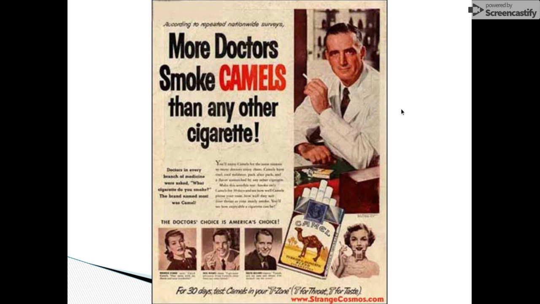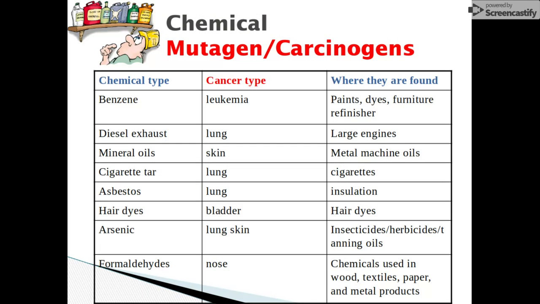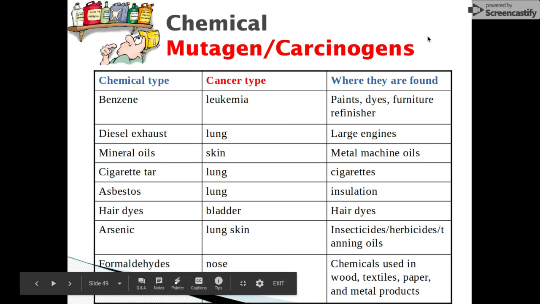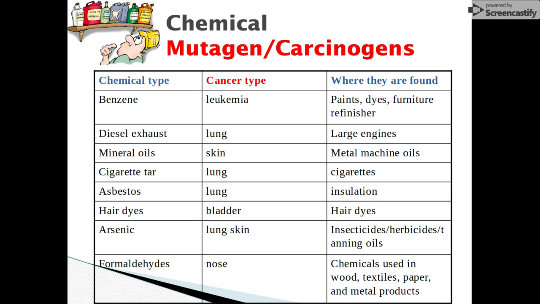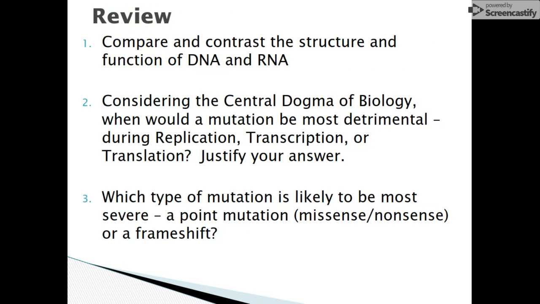We had ads like this, right? And now there are still doctors that smoke, but it's probably a lot more rare than it was in the past. Okay, and so we've got these various carcinogens and mutagens here, the type of cancer that they cause, and where you find them. There are a lot of various chemicals that are bad for our DNA.